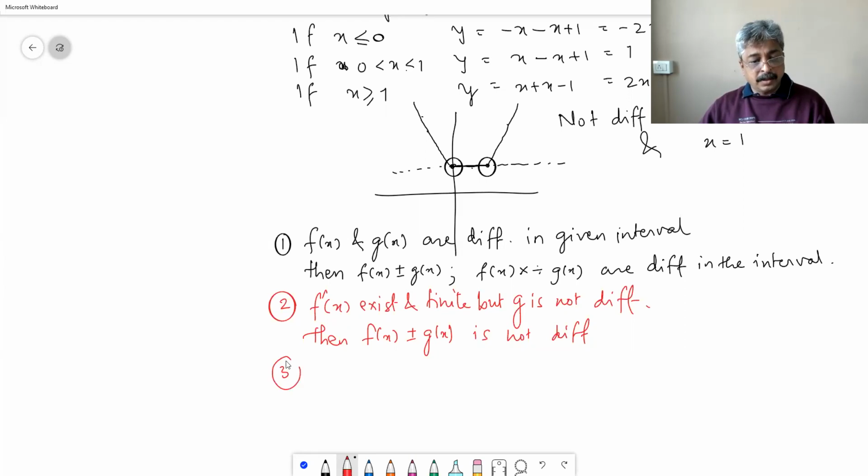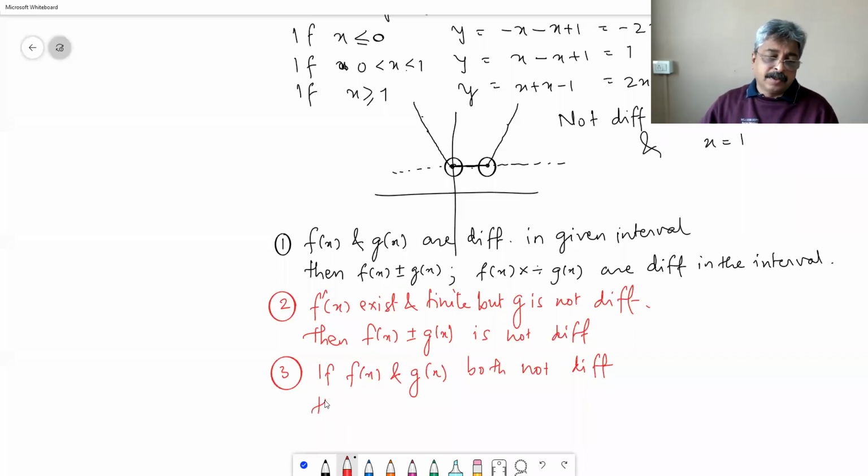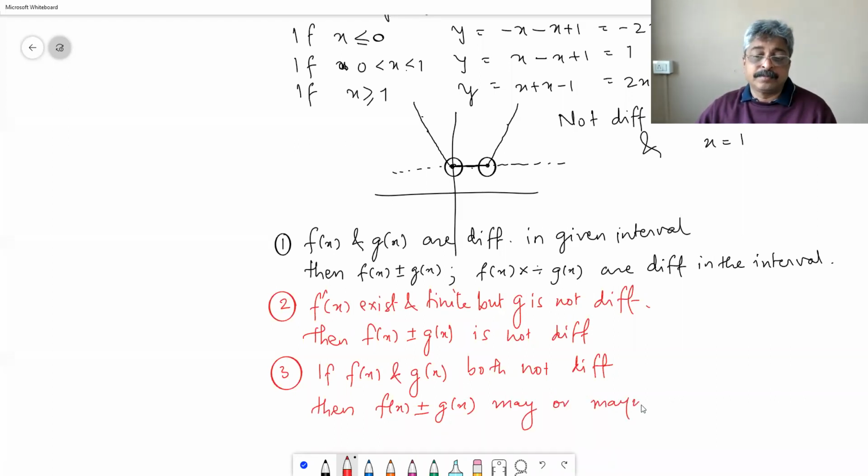Okay. Third, if f of x and g of x both not differentiable in a given interval, then f of x plus or minus g of x may or may not be differentiable, because you can always adjust so that their non-differentiability gets cancelled and it suddenly becomes differentiable function, etc.